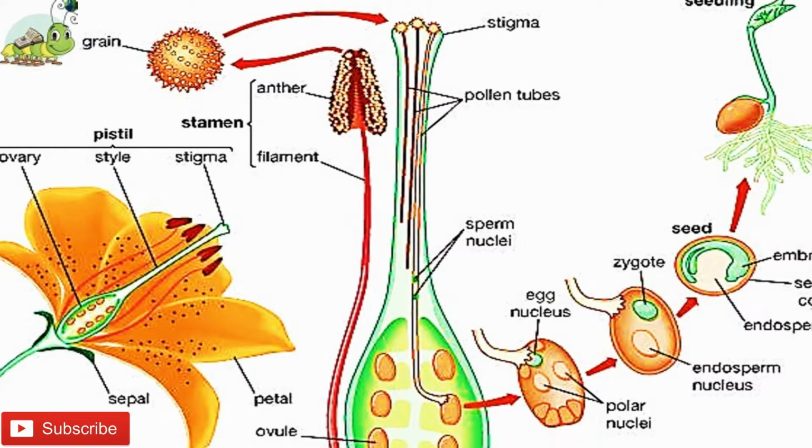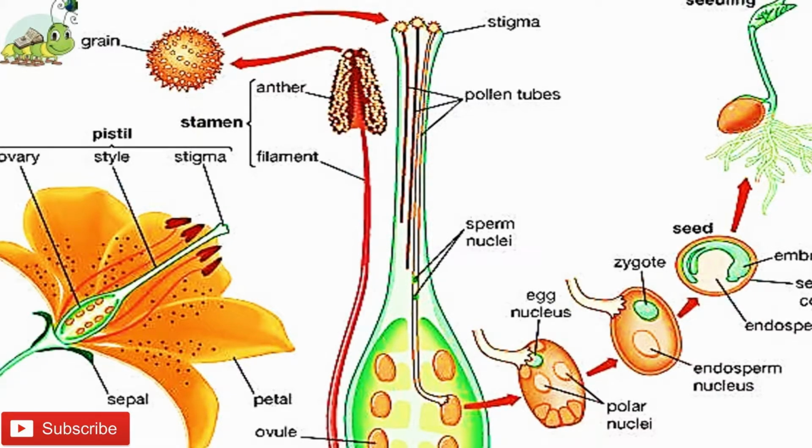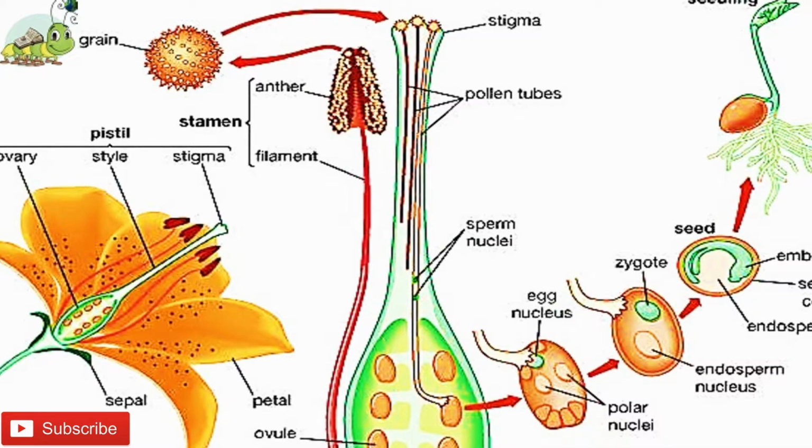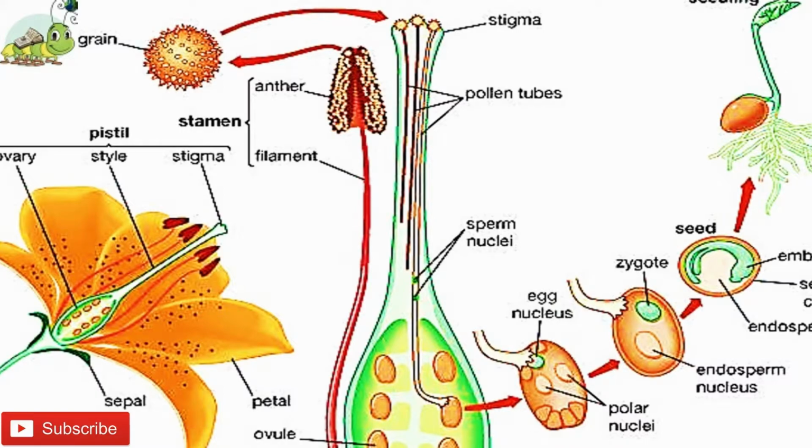When the pollen tube enters through the micropylar end of the ovule for fertilization, it is called porogamy.